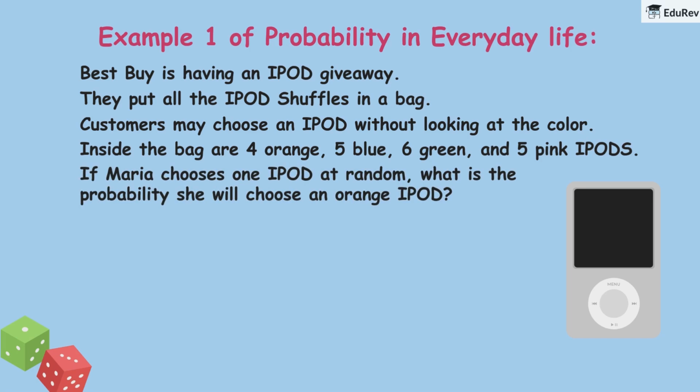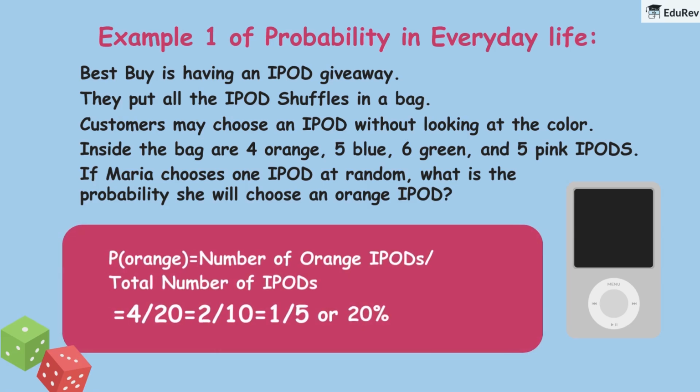If Maria chooses one iPod at random, what is the probability she will choose an orange iPod? The probability of choosing an orange iPod is calculated as follows. P of orange iPod is equal to the number of orange iPods divided by the total number of iPods, which equals 4 divided by 20, resulting in 20%.